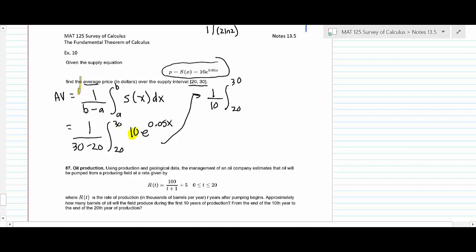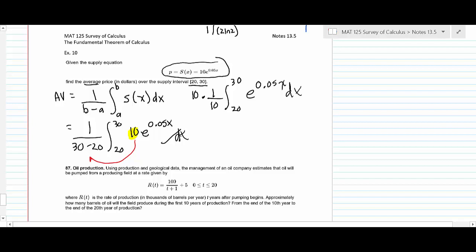Yeah, you might as well just bring that out now. That's going to cancel that 1/10 out, which makes it a little easier. So I just bring that out like this. Then I have e to the 0.05x dx. Okay, everybody good so far?